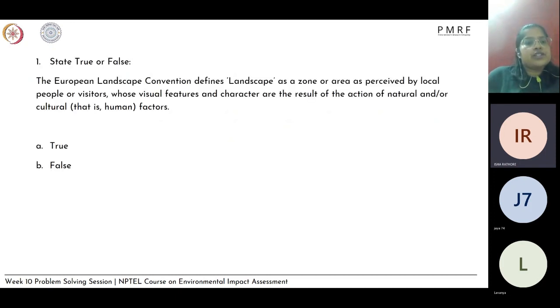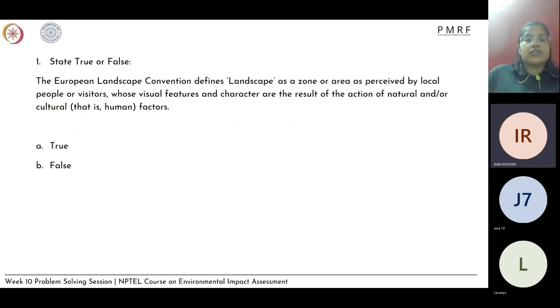So the first question is a straight true or false. The European Landscape Convention defines landscape as a zone or area as perceived by local people or visitors whose visual features and character are the result of the action of natural and/or cultural, that is human, factors. So is the statement true or false? You can post your answers in the chat box.